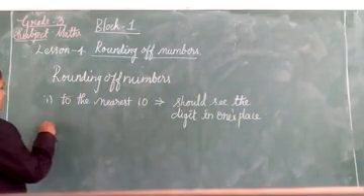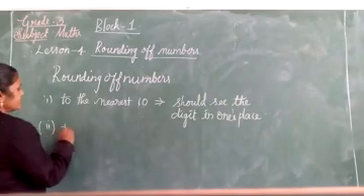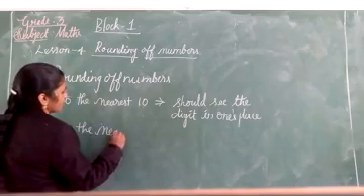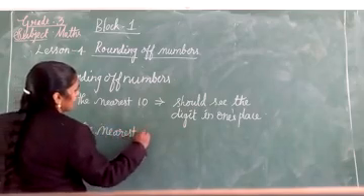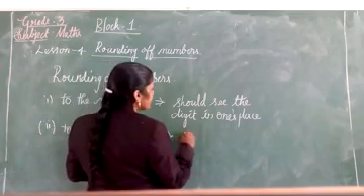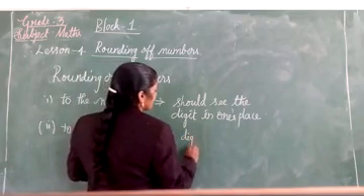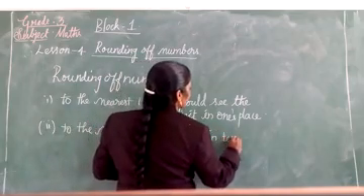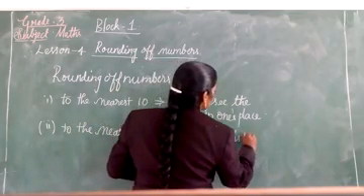Next, to the nearest 100, we should see the digit in the tens place.